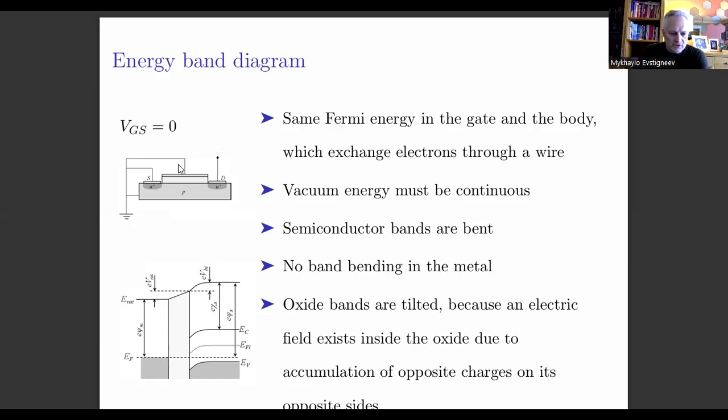So there is a wire which connects the gate and the body, and through that wire, the two objects can exchange electrons. When will they stop exchanging electrons? Well, when their Fermi energies level off. They come to chemical equilibrium with each other, the chemical potential, the Fermi energy. Same thing. Good.